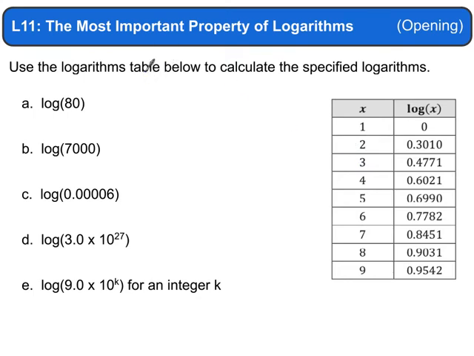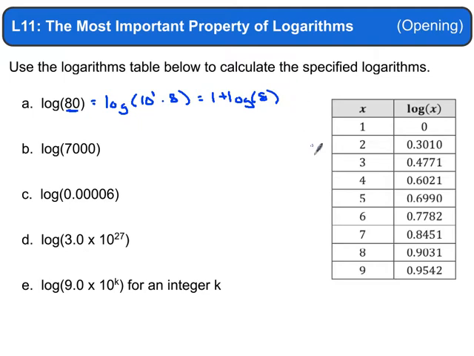the properties. Since this is an opening exercise, we assume we're going to use the property from lesson 10, such that if I have 80, this would say log of 10 to the first power times 8. That's an equivalent way to write 80. So this is going to be 1 plus log 8.